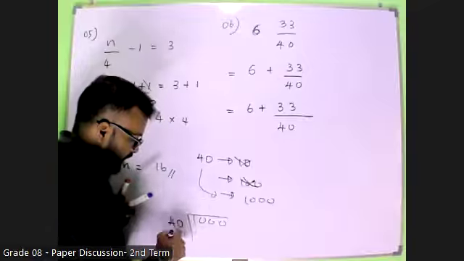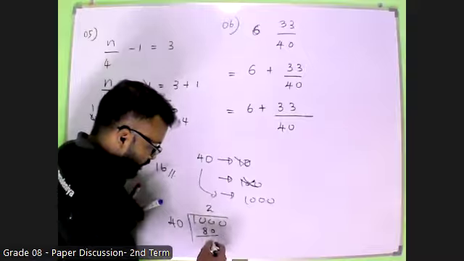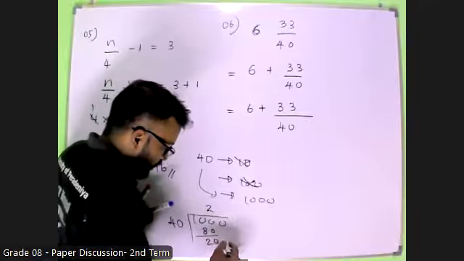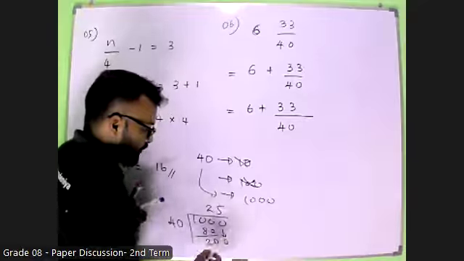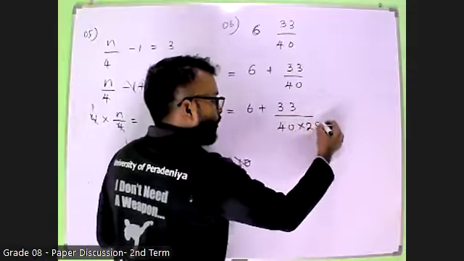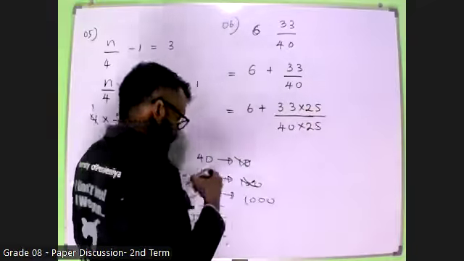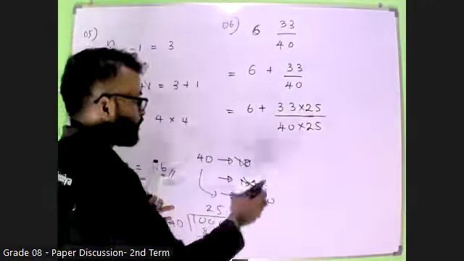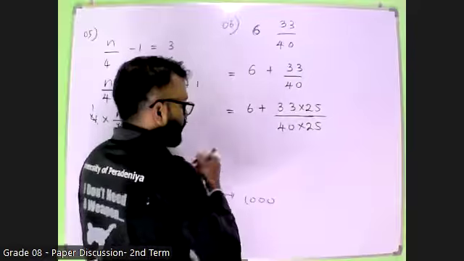So in 100 there are two 40s, 80, and the remaining is 200, so 40 times 5. 40 multiplied by 25, and 33 multiplied by 25. So this will get you the decimal form.